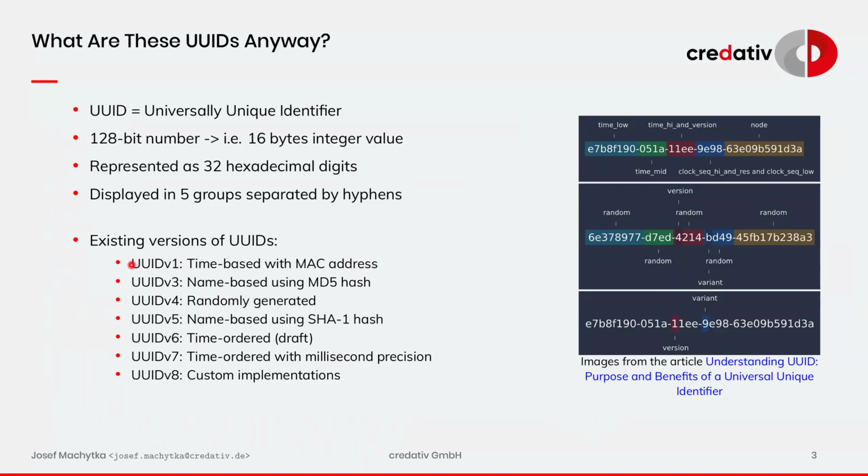Especially UUID version 1, which was time-based and included the MAC address of the node. Those are still quite often available in browsers for generating these universally unique identifiers in web services.